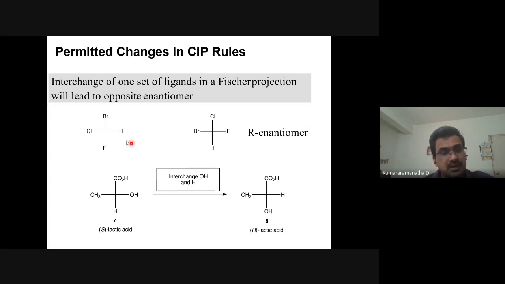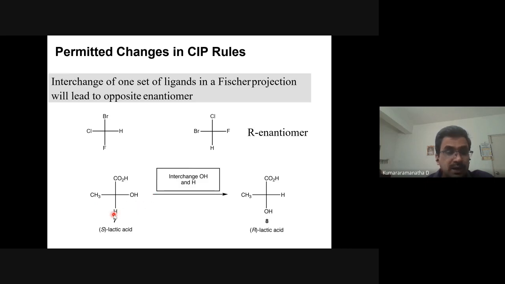If you go more into details, for example, you have lactic acid, which is generally used for curdling of milk and other such processes. You can see here carbon attached to OH, COOH, CH3. So these three are the high priority. Assignment obviously 1, 2, 3. So it is S kind of configuration.